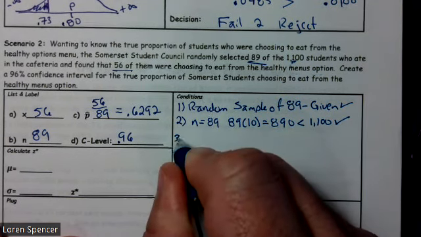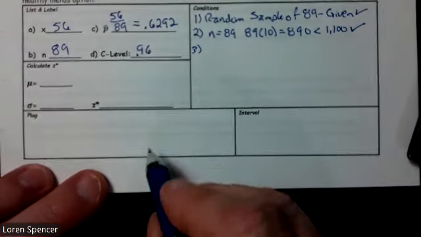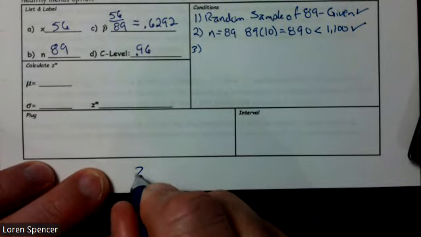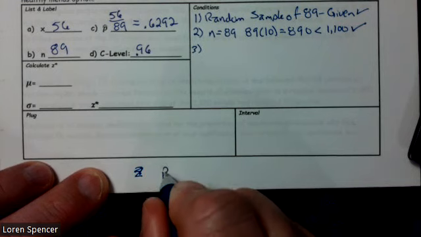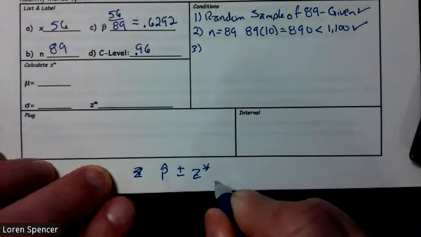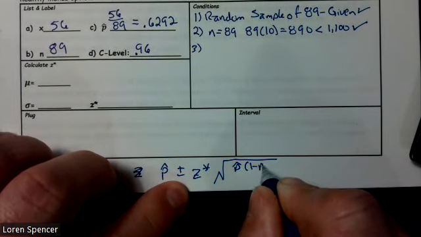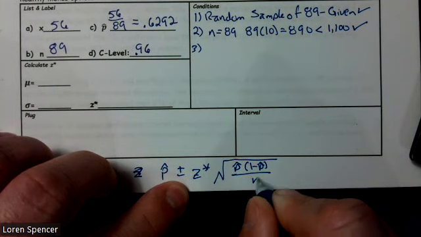All right. So now we need to check our n p hats. Well, I want to remind us of what our formula is. Our formula is p hat plus or minus z star square root of p hat times 1 minus p hat over n.